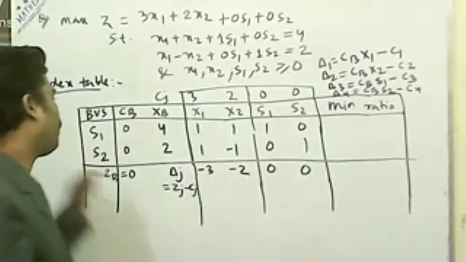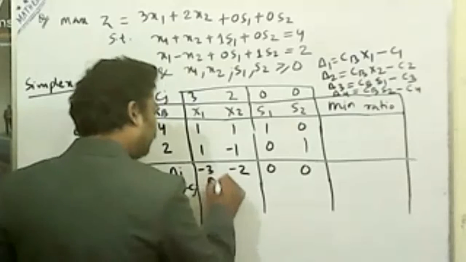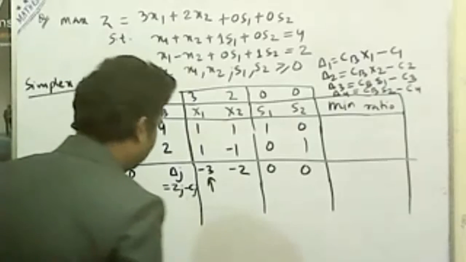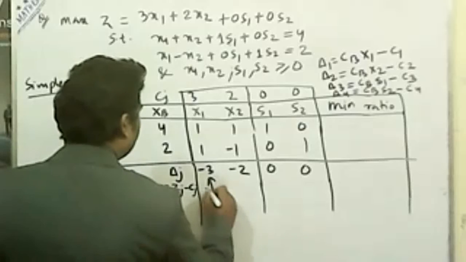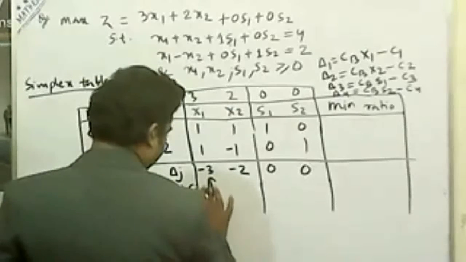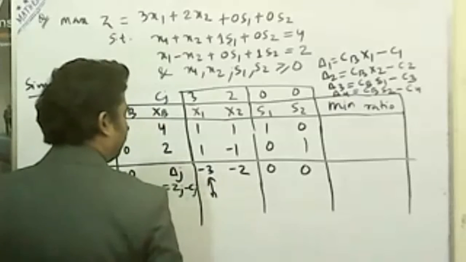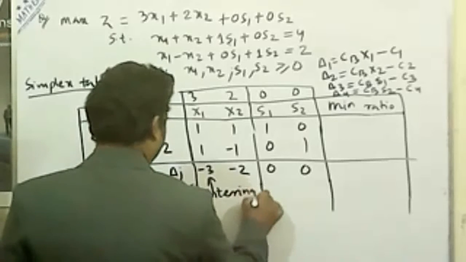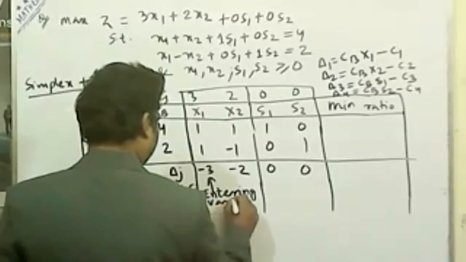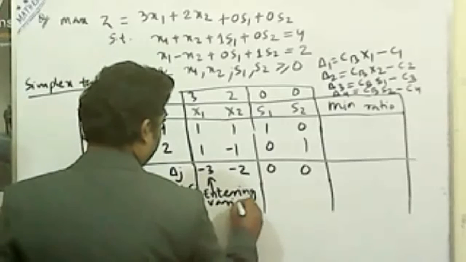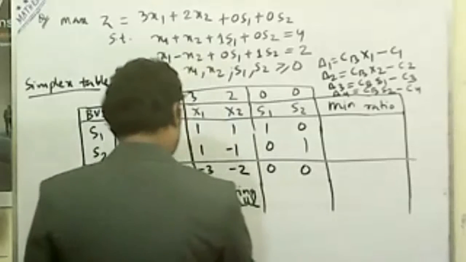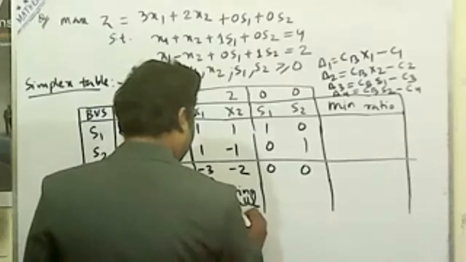These are the concepts. Now the most negative element here is minus 3, so it is the entering or incoming variable, or incoming vector.